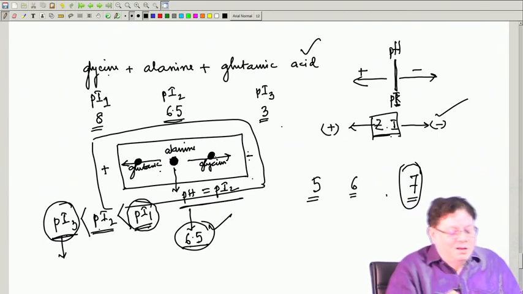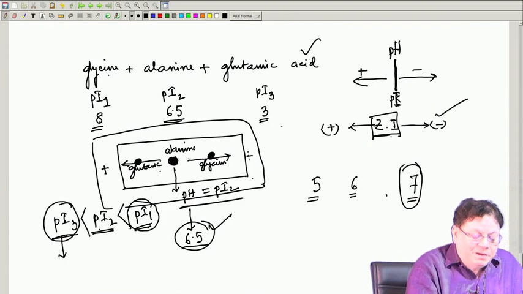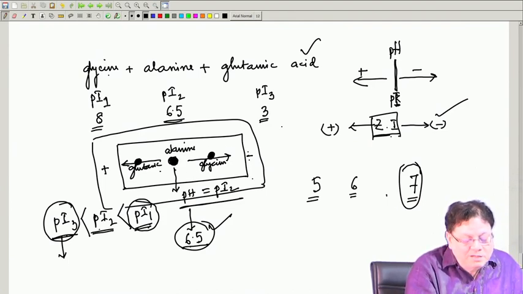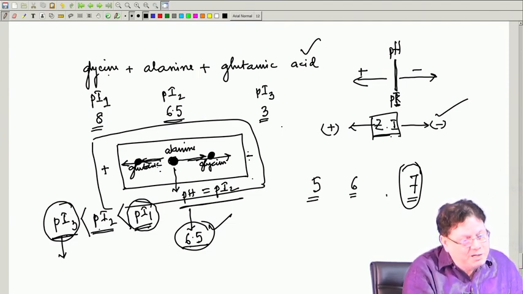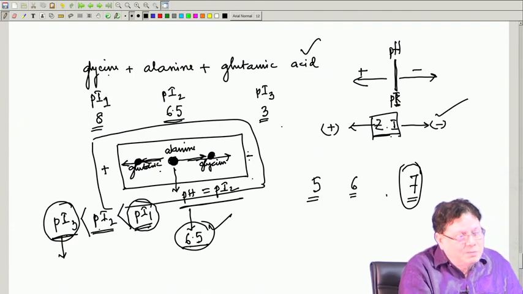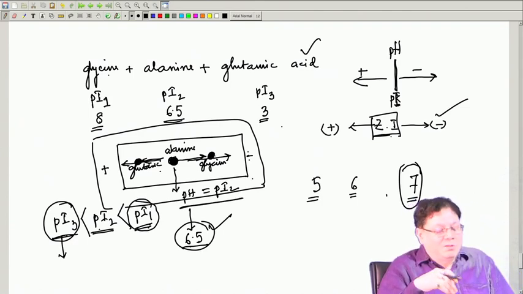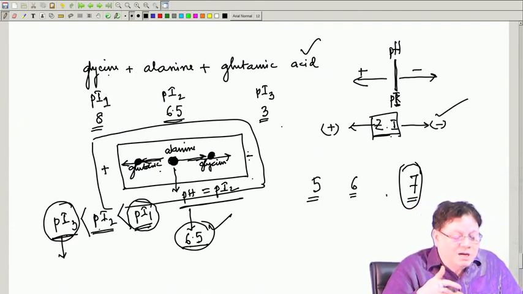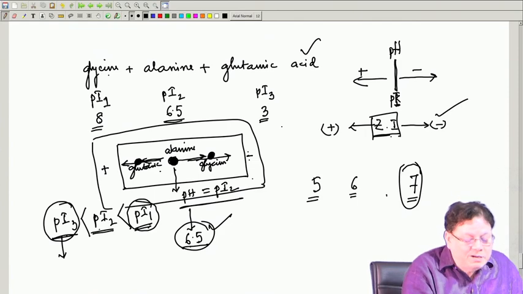Okay. Now, in that case also there is another point, this mobility, as I said that molecular weight is an important issue, and there are amino acids which are having side chains which can form hydrogen bonds, which can form more interactions with the gel.